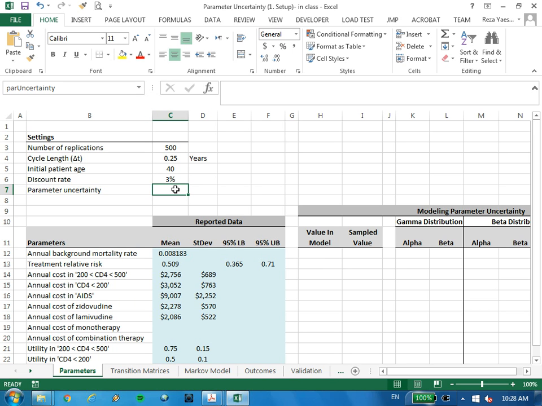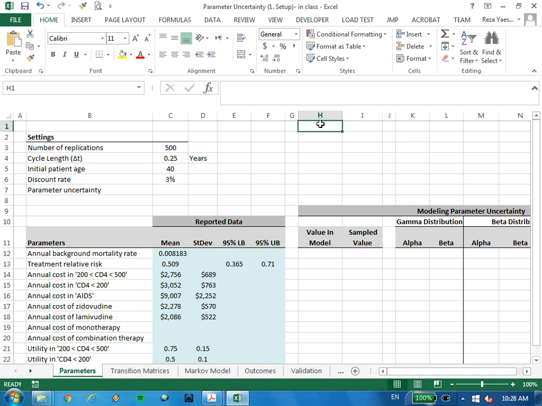Okay, first step, I want to be able to turn on and off the uncertainty analysis. So I want the user to be able to run the analysis once using the mean estimates, and once using the samples that I'm going to generate from the probability distributions.